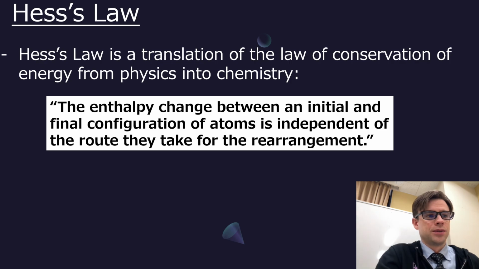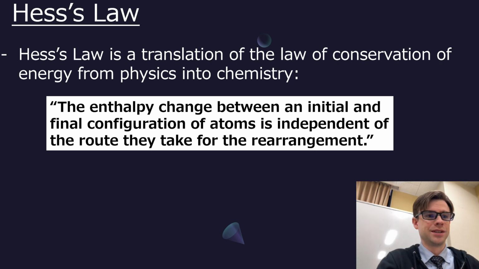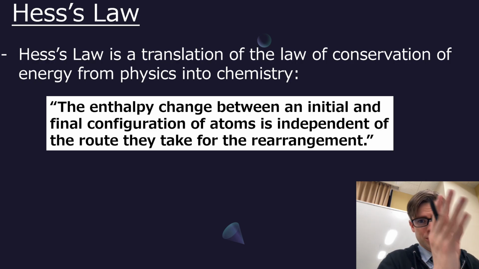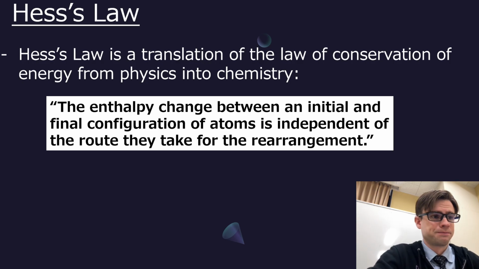So it doesn't matter whether you go from point A to B directly, or if you take a side route to C and then go to B, or CD, CDE, whatever, if you go through multiple steps. As long as you finish at point A and point B, you know the energy difference between those configurations is always the same. That's kind of Hess's law in a nutshell.